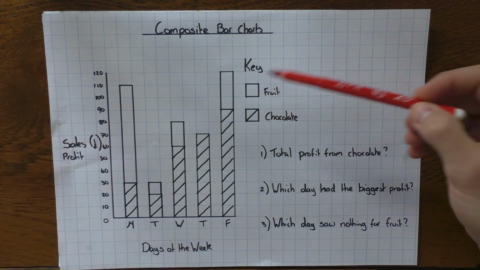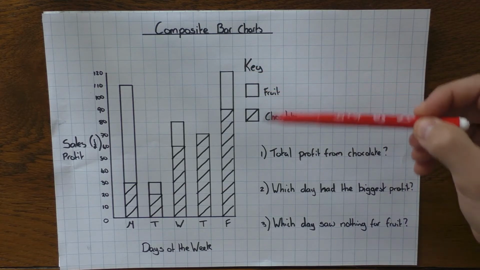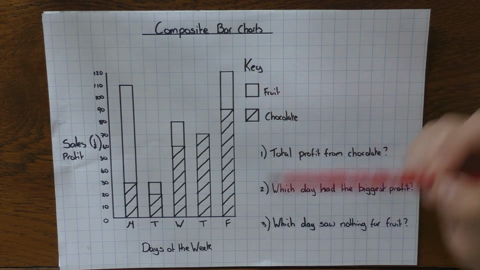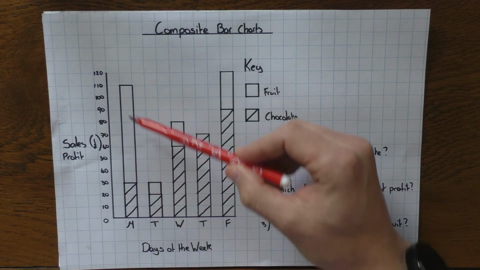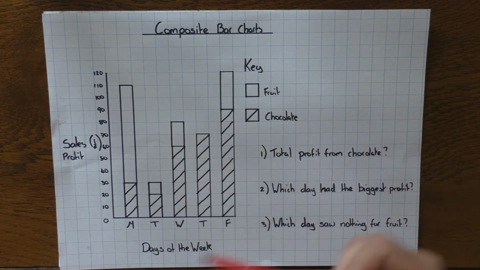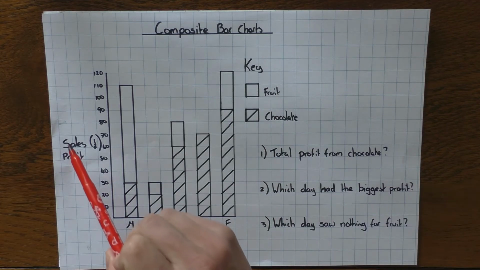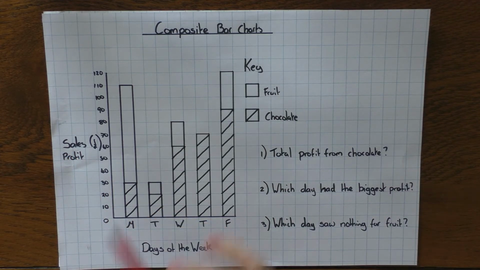So again, it might be spotting mistakes. Not having a key will be a mistake, so just make sure that you can spot the key. So here we've got the chocolate, and here we have the fruit for each one, and I've got days of the week, and we've got the sales in profit. So just get familiar with the bar chart before you actually start to answer the questions.